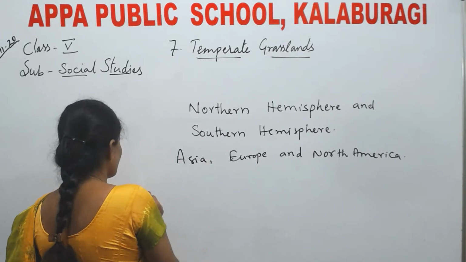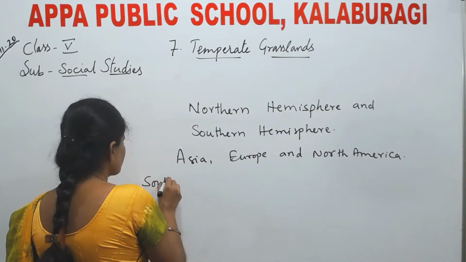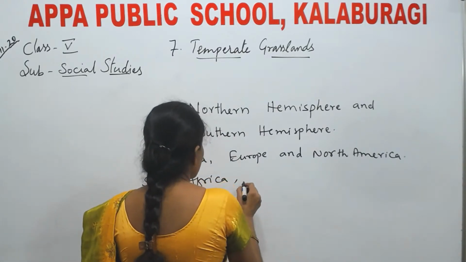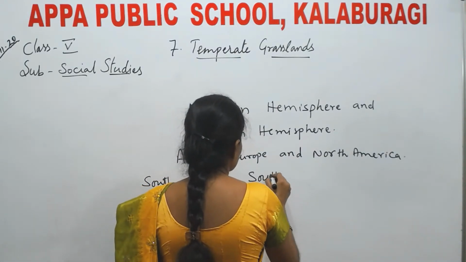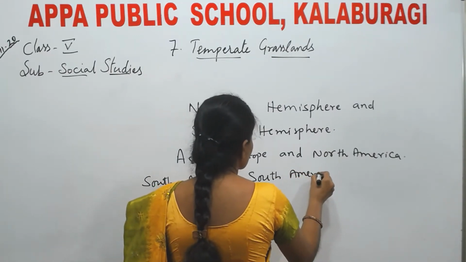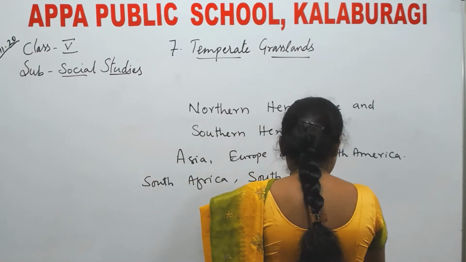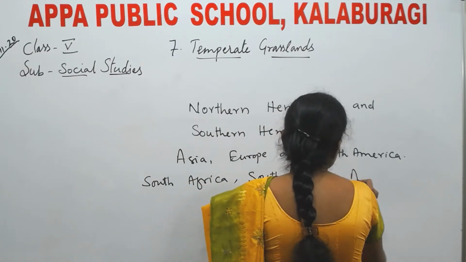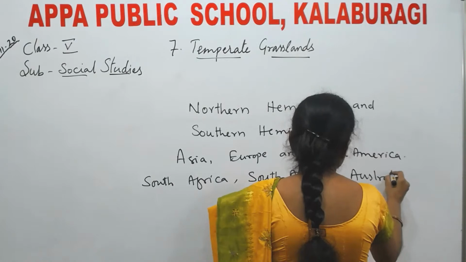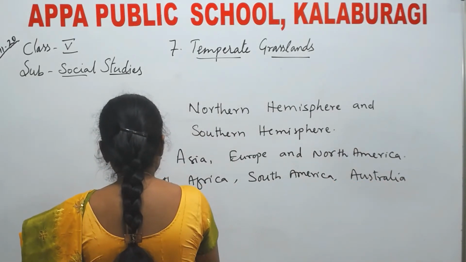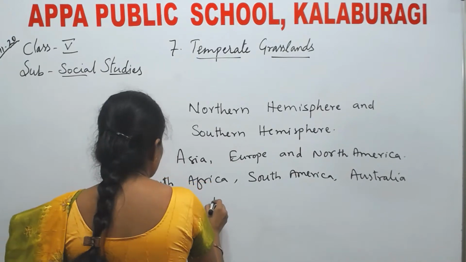In the southern hemisphere, where are they found? They are found in South Africa, South America, Australia, and New Zealand.